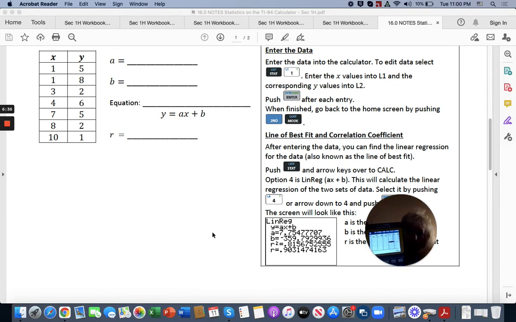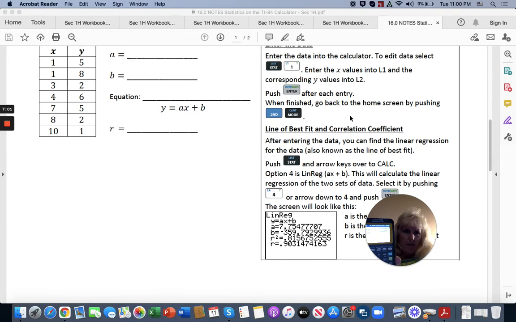We put enter after each entry. When finished, go back to the home screen by pushing second, quit. Second is the blue one, and quit is under mode. So it quits that and gets us out of the list.